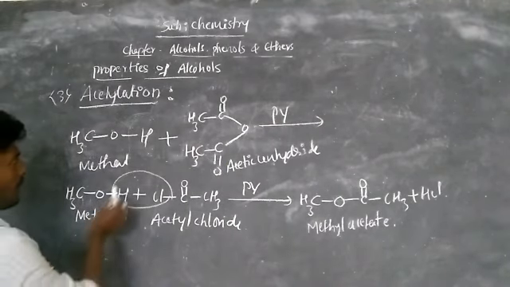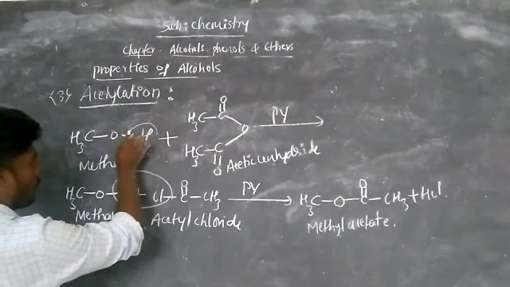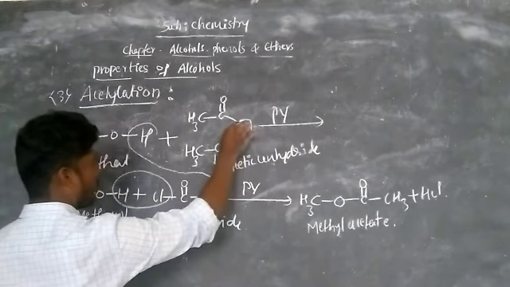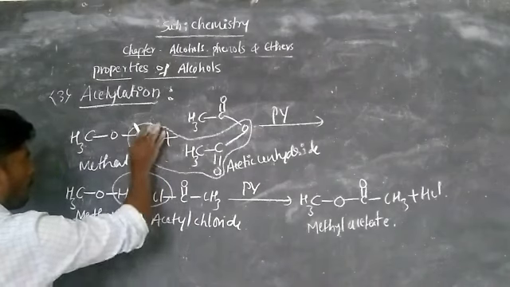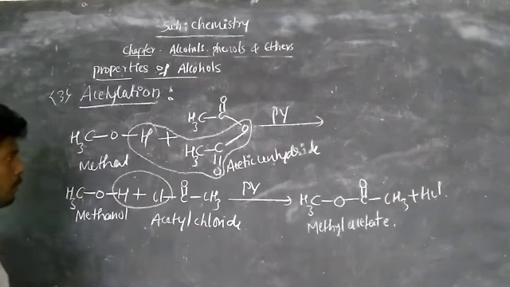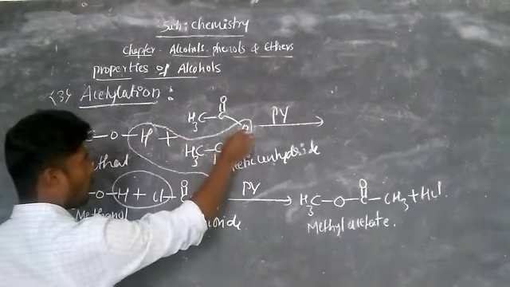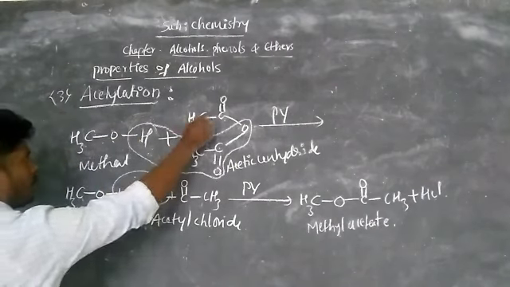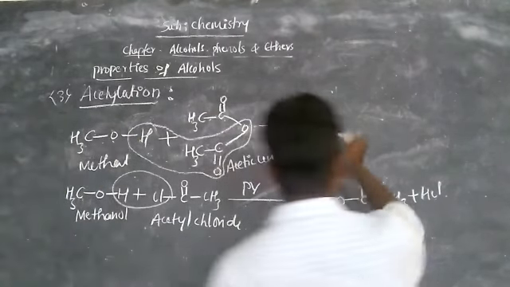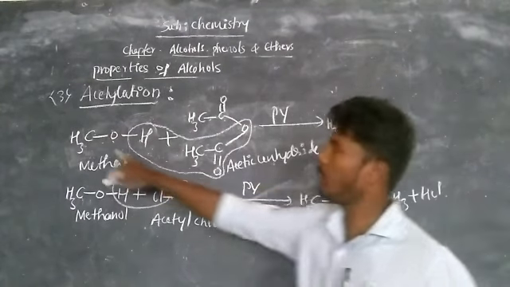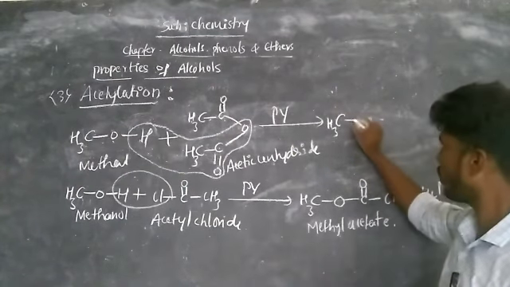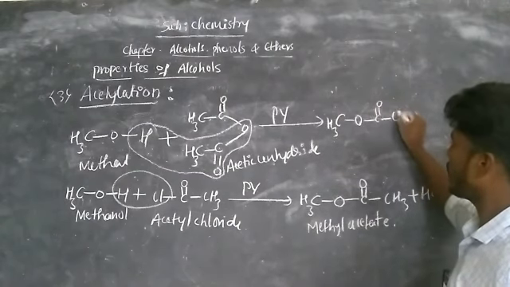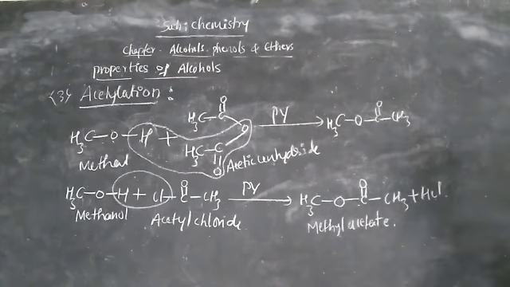Here see, this hydrogen, the OH bond, is cleaved along with this whole group. It forms a compound, CH3O C double bond O CH3. Now write the first one CH3, then O, then write this one C double bond O bond CH3. So these two are the same, right?